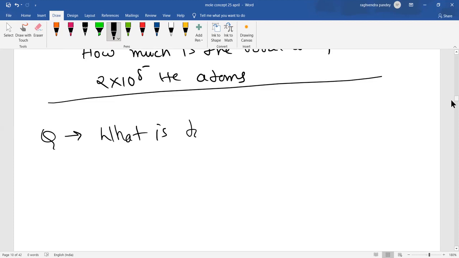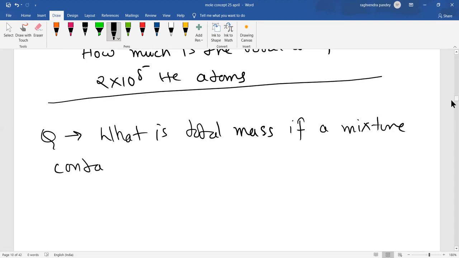What is the total mass if a mixture contains 6 mole helium and 1 mole N2? 1 mole N2, 6 mole helium.